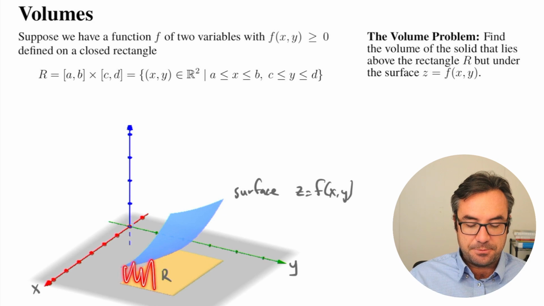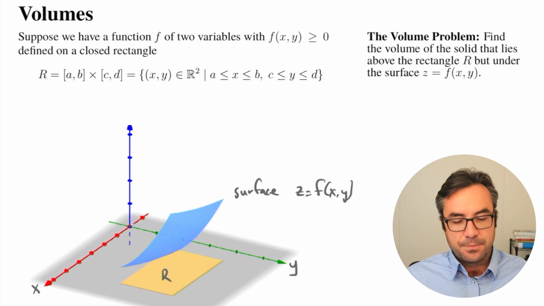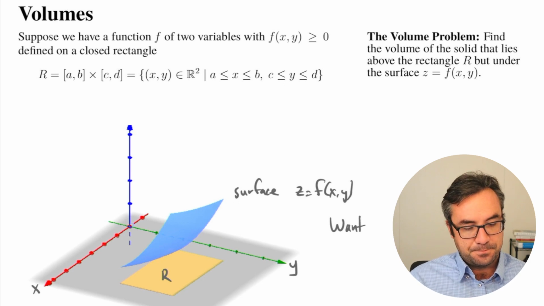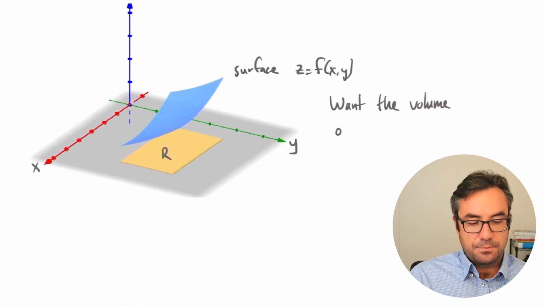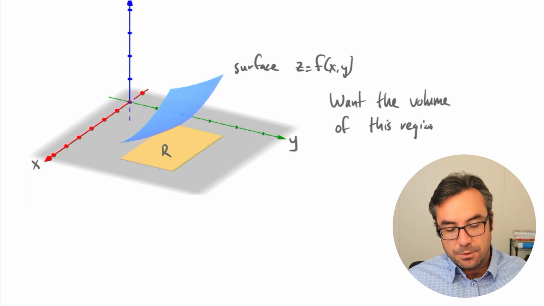So we have all this space in between the surface and the rectangle. We want to actually calculate how much space there is. We want the volume of this region, going from our rectangle up to the surface.